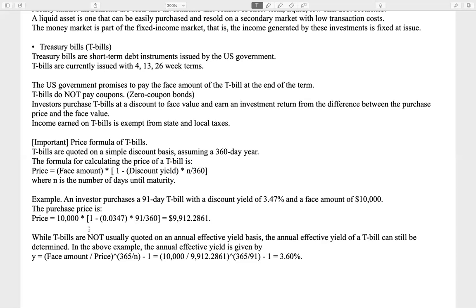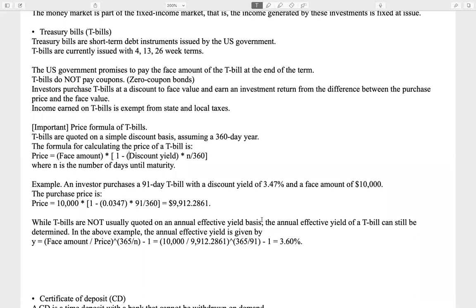Here I give you a quick example. We have an investor who wants to purchase a 91-day Treasury bill with a discount yield. Whenever we talk about discount yield, it is a rate on an annual basis. So this is an annual discount yield of 3.47% and a face value of $10,000. Let's apply the formula.